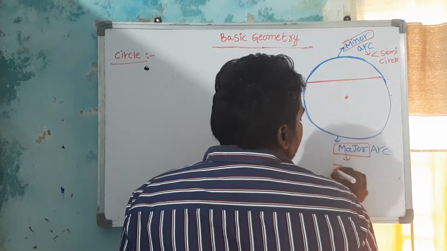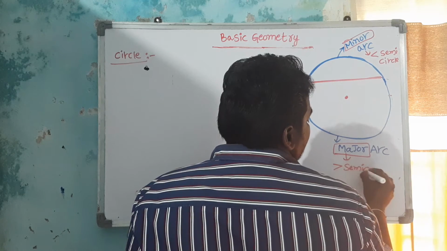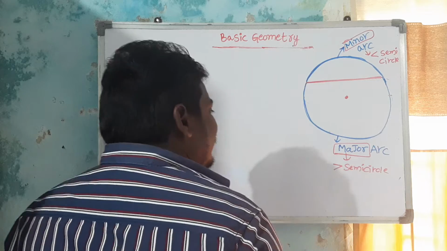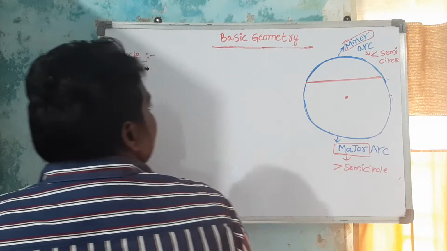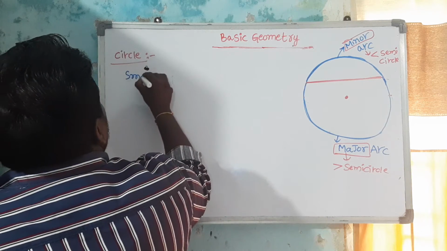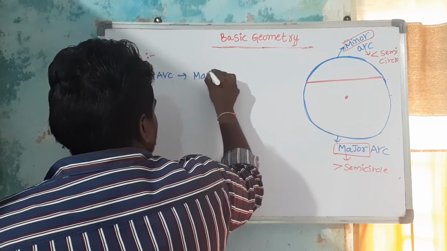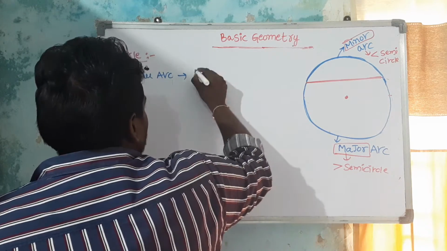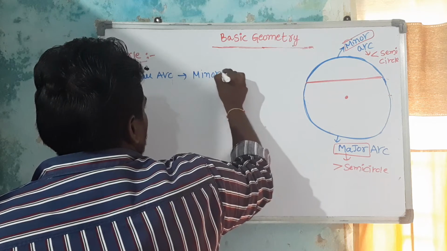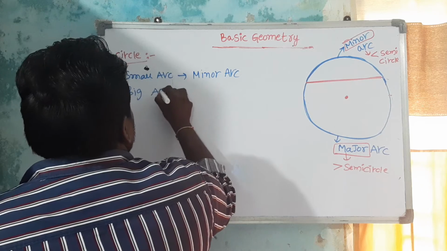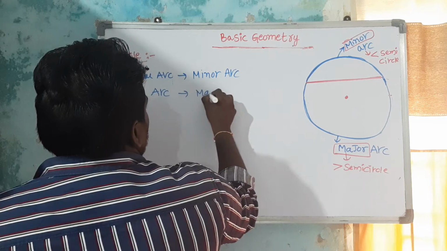If you have a part greater than the semicircle, this is called a major arc. Small arc is nothing but minor arc. Big arc is nothing but major arc.